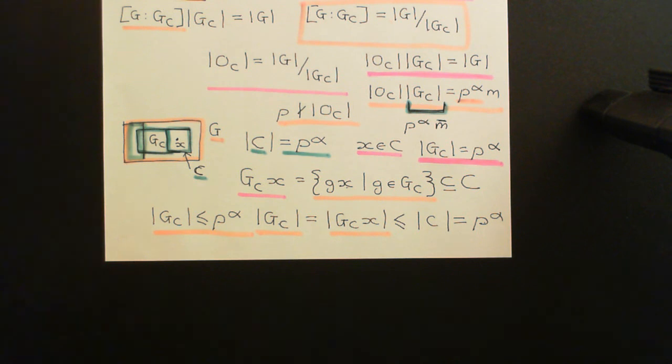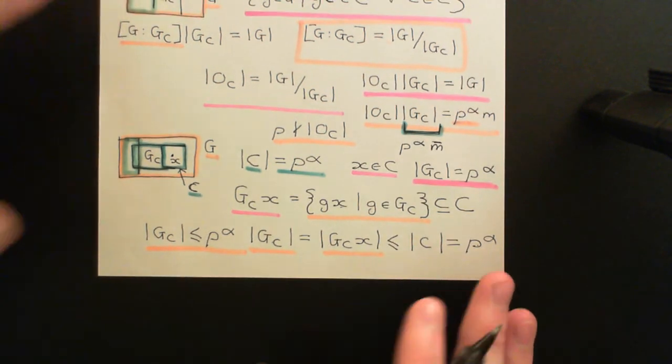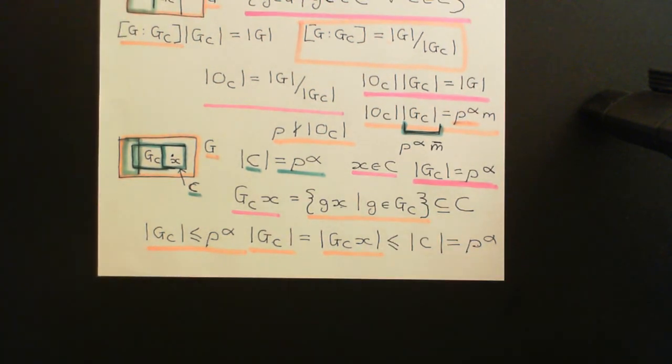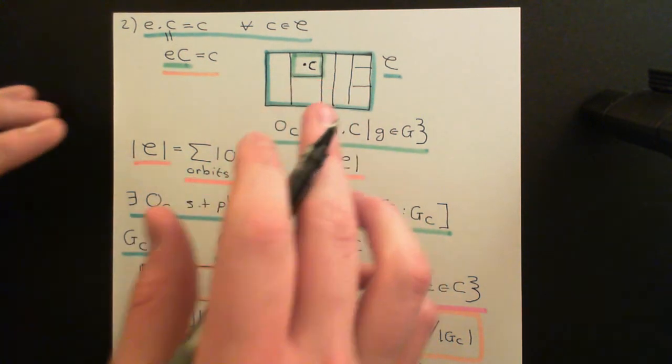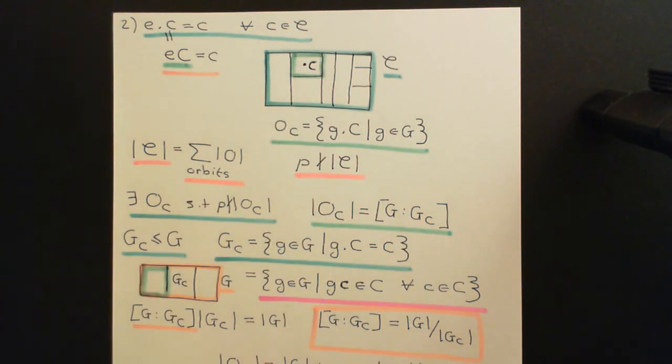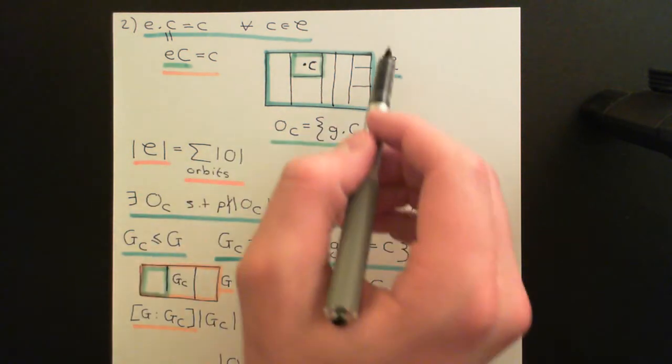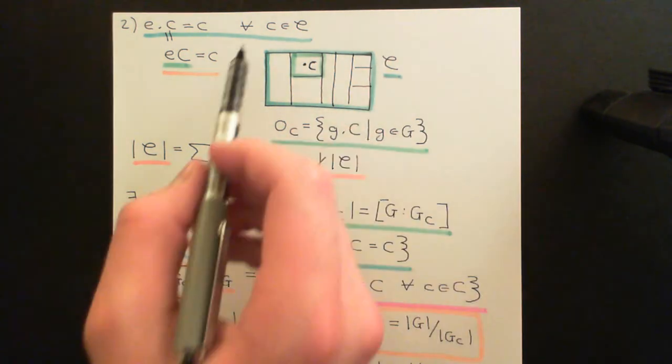So this proof is actually very nice because it's constructive. It tells you how to actually construct a Sylow p subgroup. What you have to do is construct that set curly C, then create this group action of the group on the set curly C, and use that to partition the set curly C into distinct orbits.